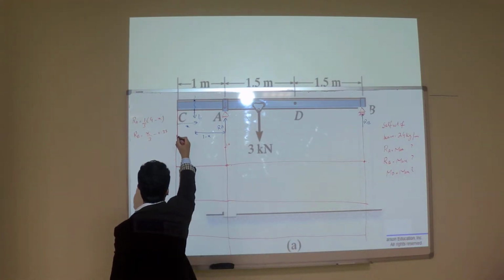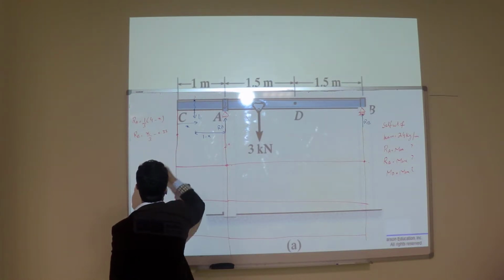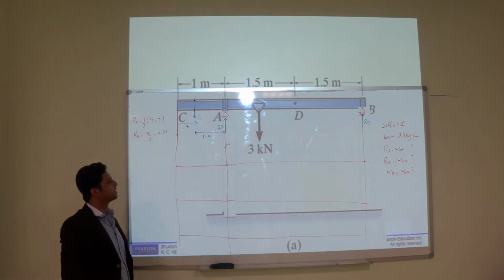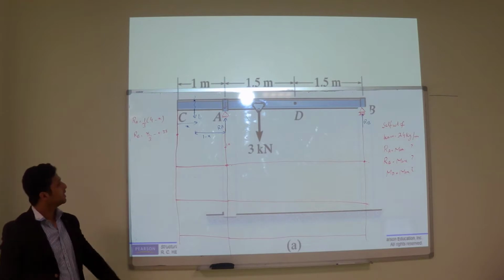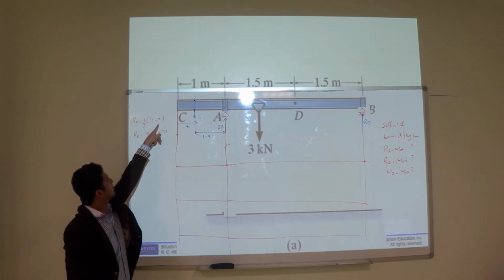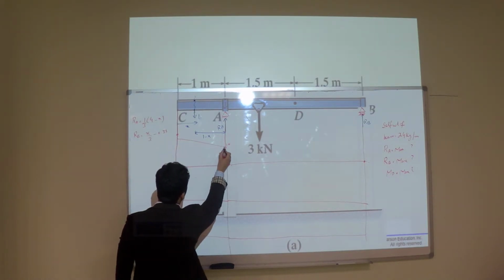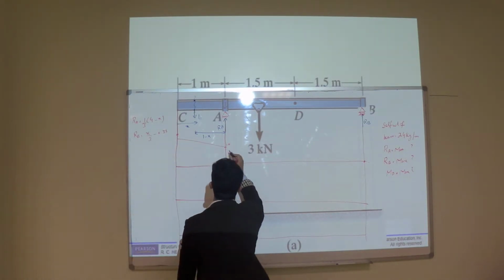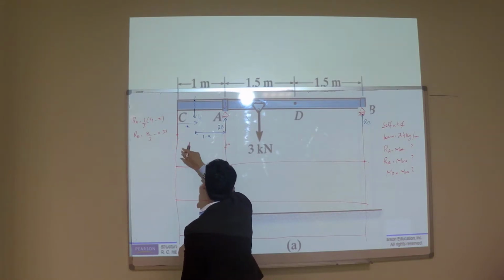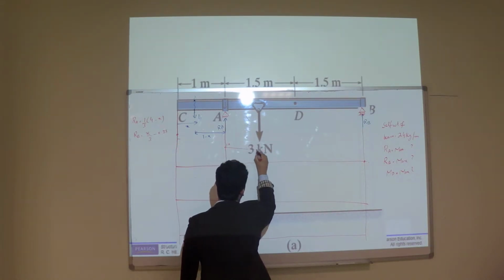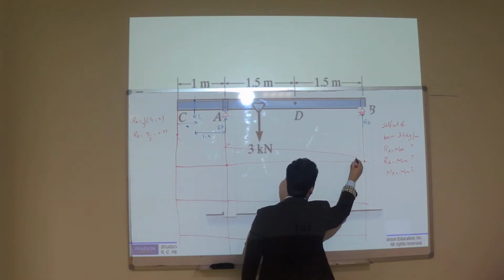And when the load is here, how much will be RA? So x is 0. Just put x. 1.33. So 1/3 means higher. It is a straight line.